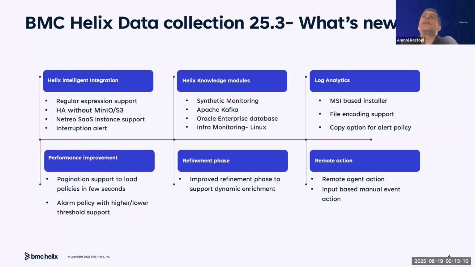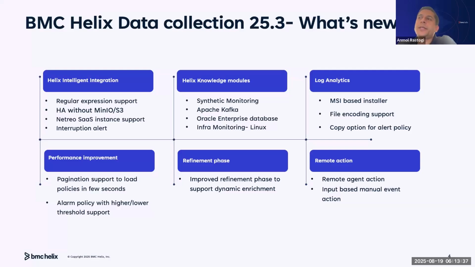But now we are giving this out-of-the-box agent action from the tool itself, where customers can select the agent and execute the action on those agents, which is exposed by the KMs. So the KM has all inbuilt capabilities already exposed, so customers can use that.